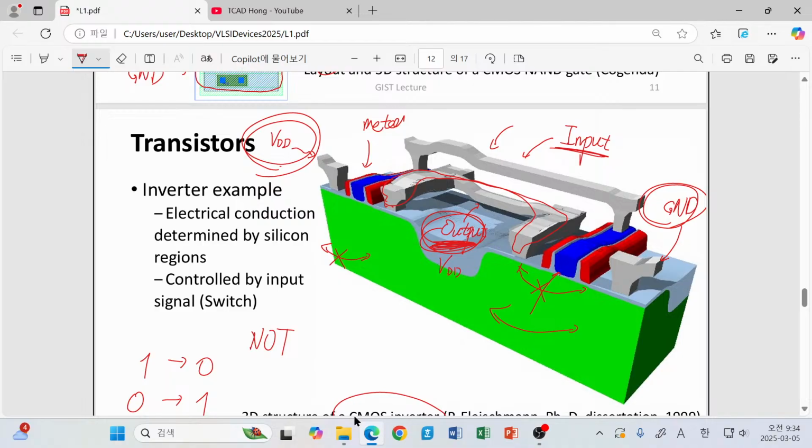And by selecting this way, we can make electrical connection and disconnection, or disconnection and connection, between our output node and the other two given voltage nodes. That is the operation of our circuit, the CMOS circuit.